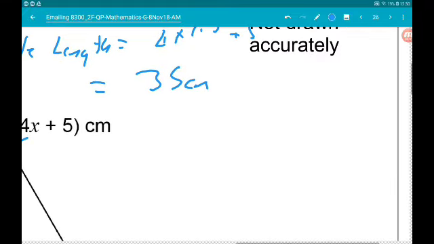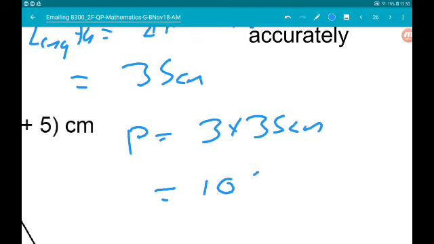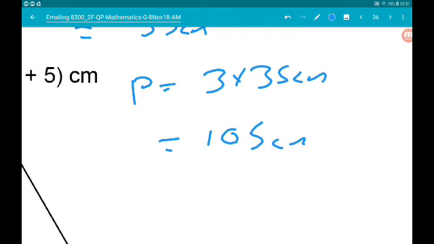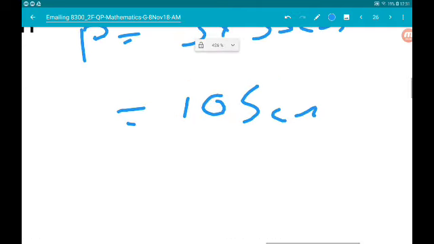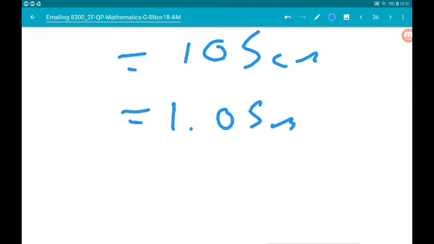So the perimeter then is 3 times 35 centimetres, which is 105 centimetres. Now we want to know, is that greater than 1 metre? So this is 1.05 metres. Is that greater than 1 metre? Yes. Boom.